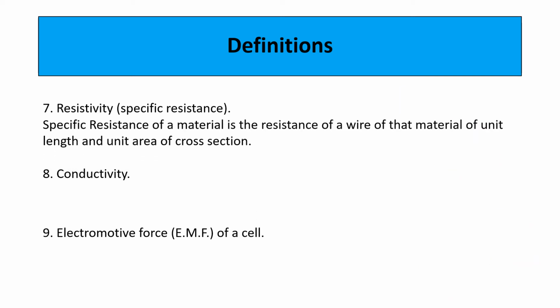Specific resistance of a material is the resistance of the wire of that material of unit length and unit area of cross section.